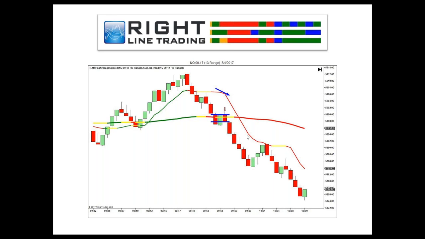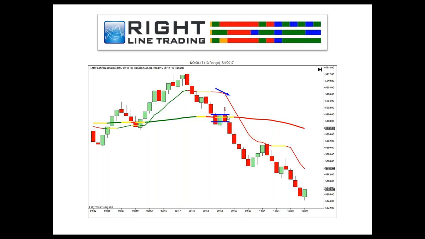Now, we used to have another trade configuration. The trade configuration would be if the 15 was falling and above the 50, and the 50 was flat or red, you could take this break to the downside.